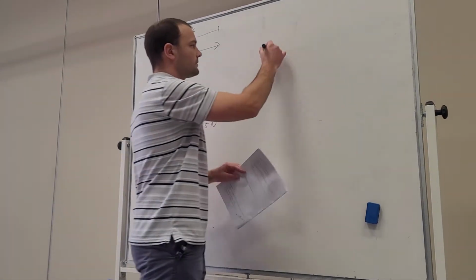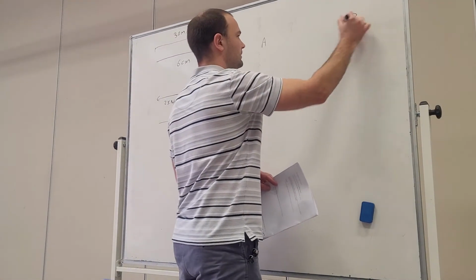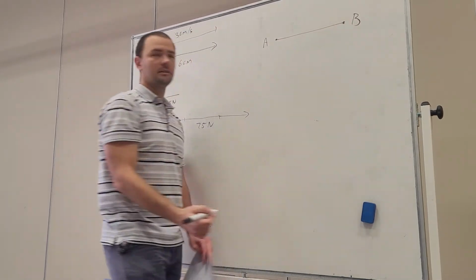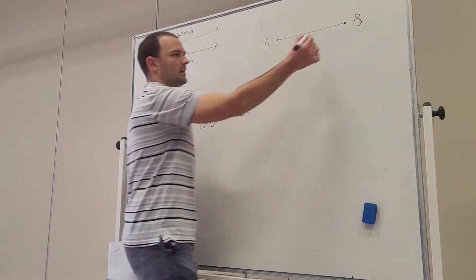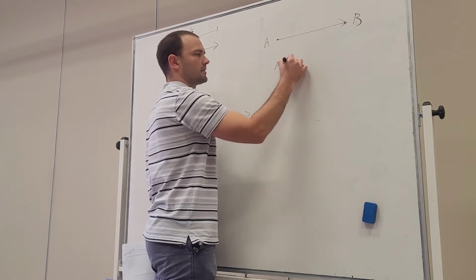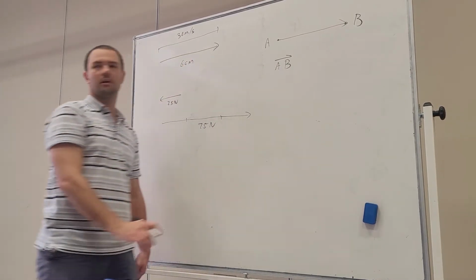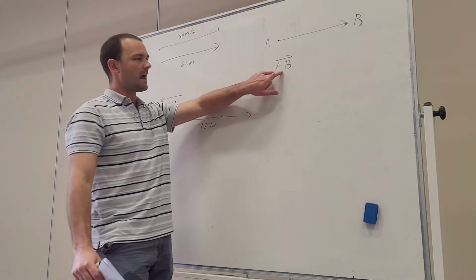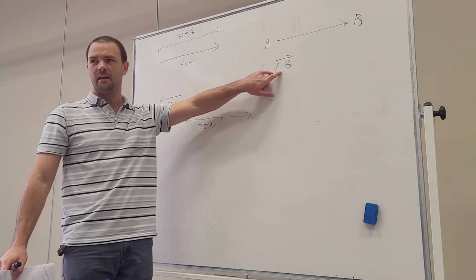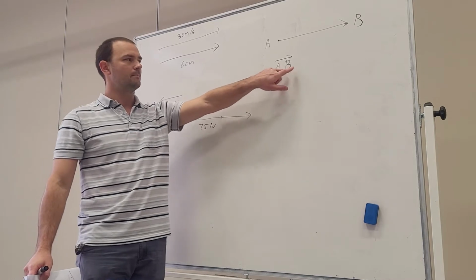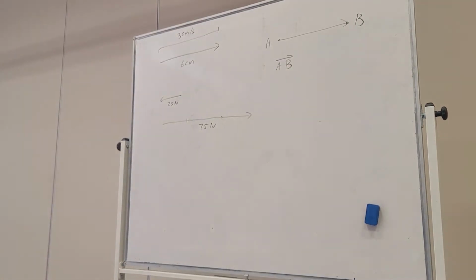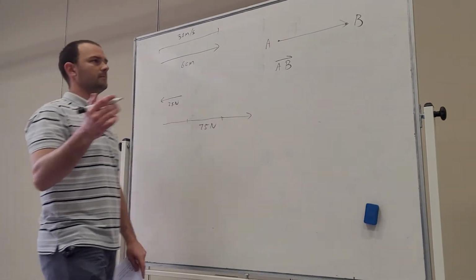Then we've got some stuff about vector notation. If we have 2 points, A and B, the vector from A to B, so between A and B, is written like this. We put half a tick at the top. That means we begin at A and we terminate at B. We can also define vectors in terms of lowercase.